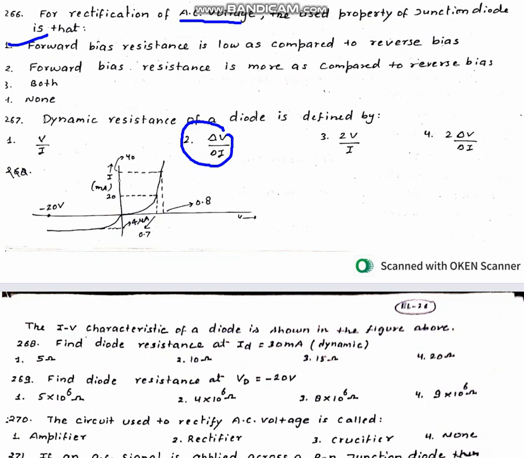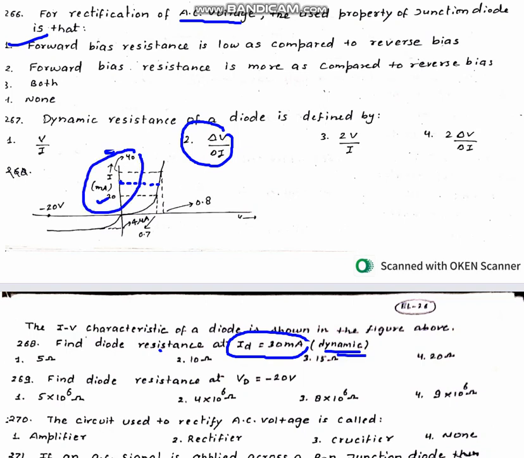Next, the IV characteristic is shown in the figure. Diode resistance at 30 milliampere is the dynamic resistance, so we use the concept of delta V by delta I. Here current is 20, here it is 40, so 30 will lie somewhere in the middle range.